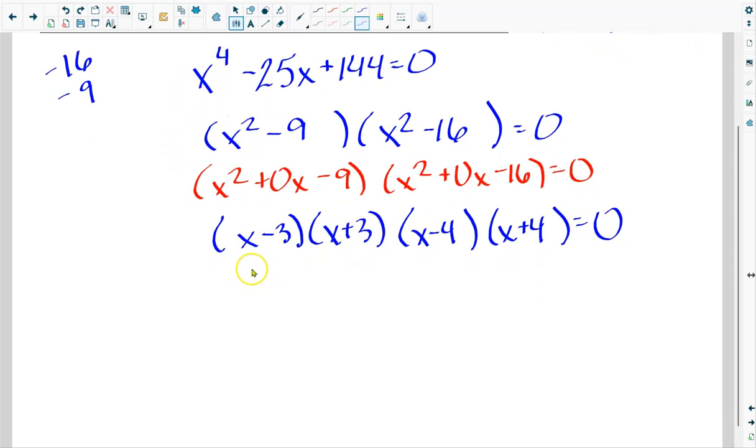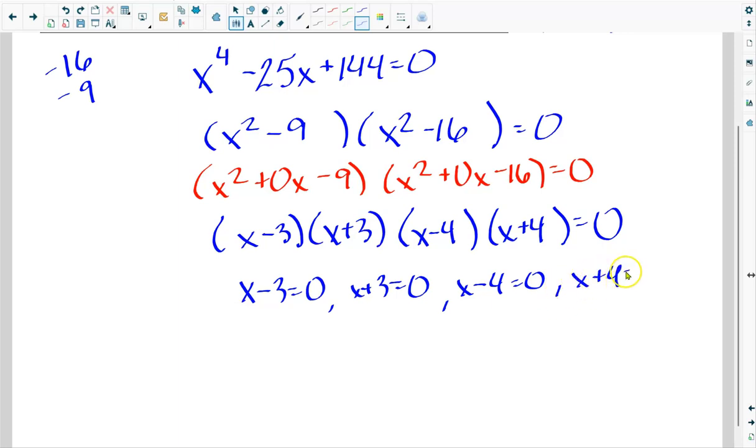So don't forget to go to that extra step, set each one equal to 0. Get you that full credit. Okay, do the basic math, and we've got x equals 3, x equals negative 3, x equals 4, x equals negative 4.